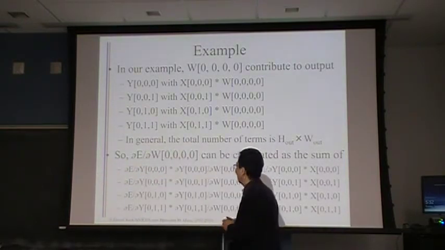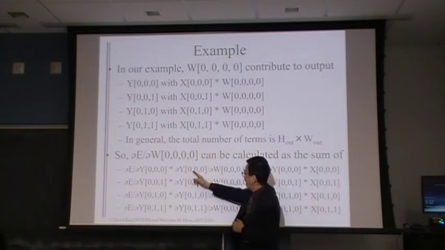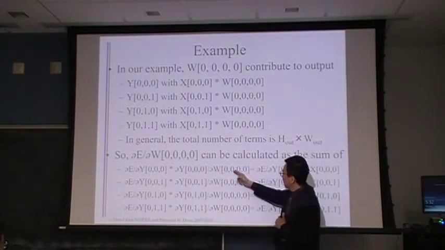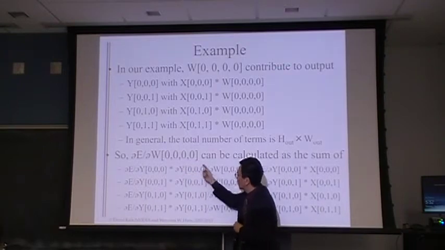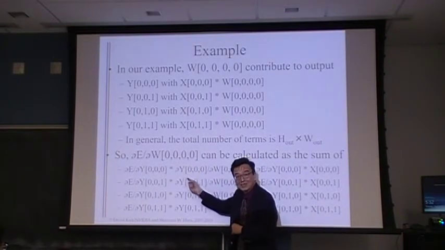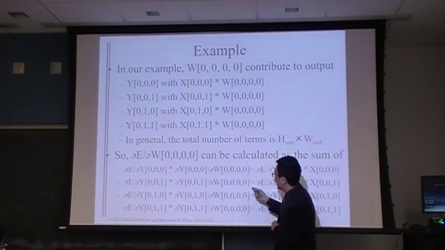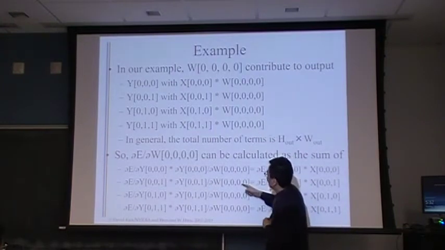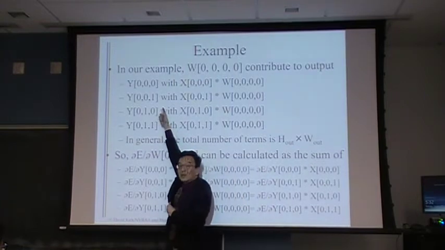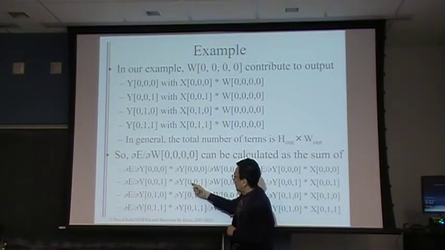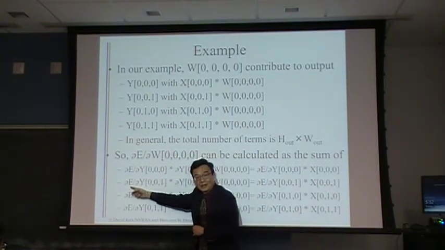Okay? So here, I see W00 can affect the error through Y00. So this is one path. And then I can see another path, W00 can go through Y001 here, right? And also influence the error.